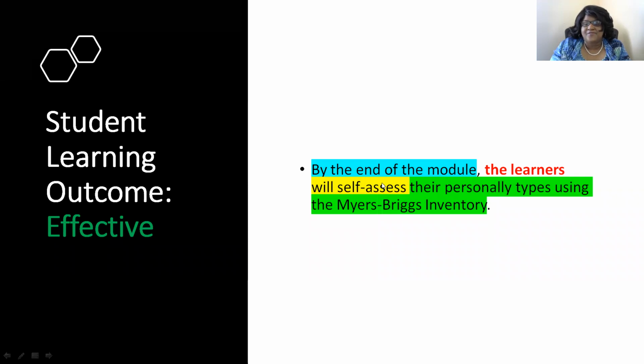Self-assessment can be demonstrated in surveys and reflections. It can be demonstrated by a particular activity which they're doing. They have to report it, but you can determine what that is, and that is an action.